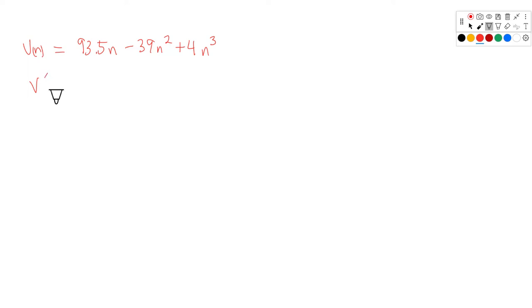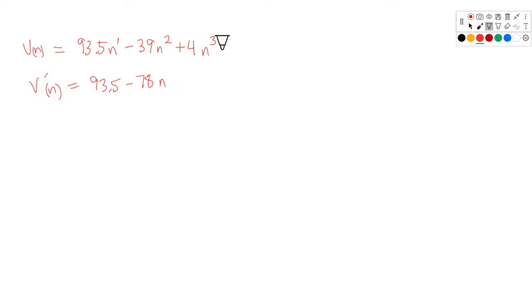So we want to take its derivative. The first part here, 93.5n, that's just going to be 93.5, right? Because this is to the first power, the one comes down, n to the 0, which is 1. The middle term, the 2 is going to come down. 39 times 2 is 78 n to the 1 power.